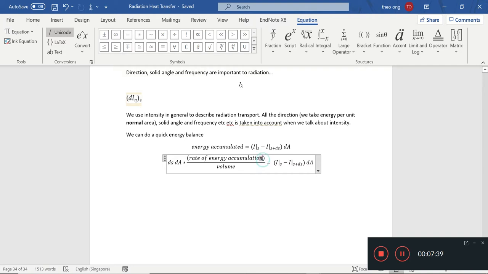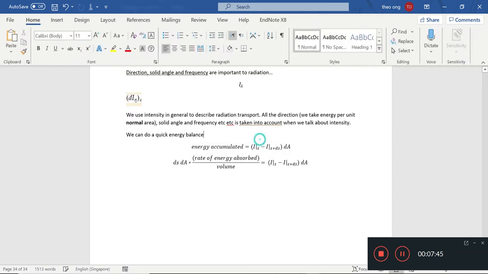Or otherwise you can say energy absorbed per unit volume. This is for absorption.